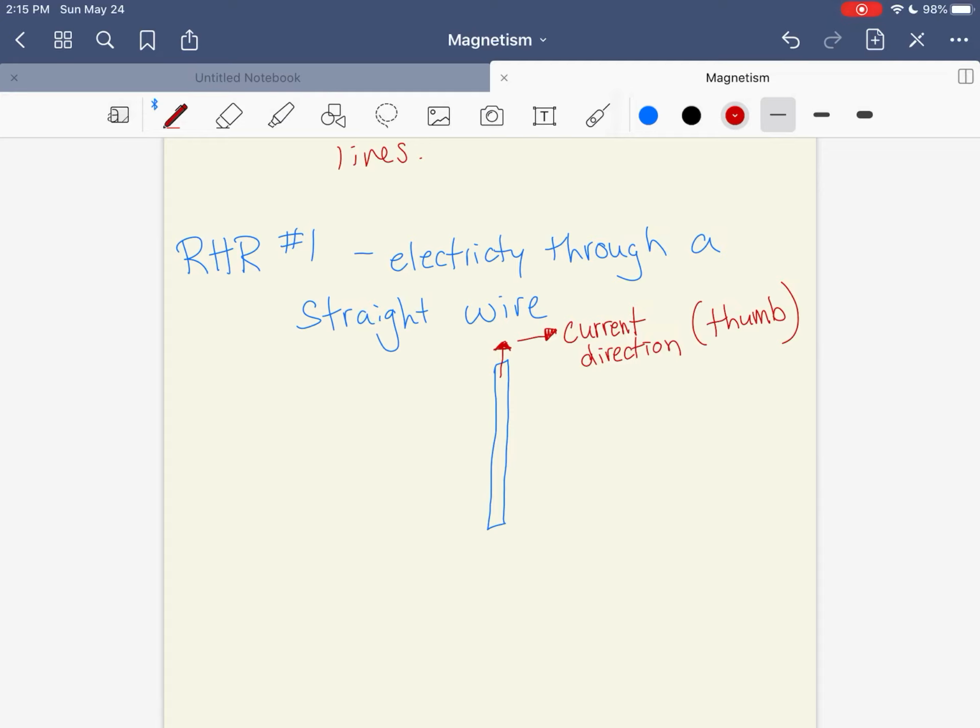Now, when you point your thumb up, curl your fingers so that they're forming a little bit of a fist. The direction in which your fingers curl tells us the direction of the magnetic field lines. So when I point my thumb up, my fingers curl around in this direction.